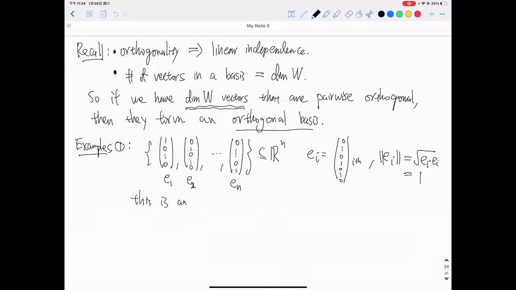And this is true for every i. So you have a collection that's pairwise orthogonal, and it has the right number of elements, and every vector is of length 1. So this is an orthonormal basis. Okay.